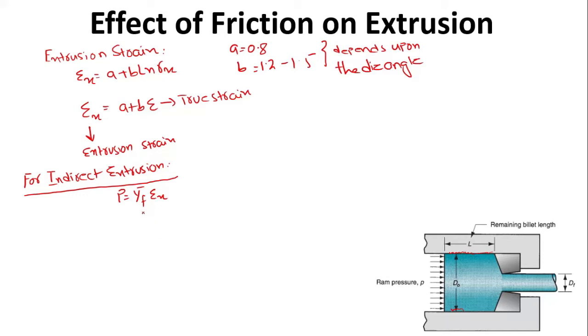But keep in mind the flow stress equals YF equals K into true strain to the power n, divided by 1 plus n. So you will use the true strain to calculate the flow stress, while you will use the extrusion strain in this formula. So this is for the indirect extrusion.